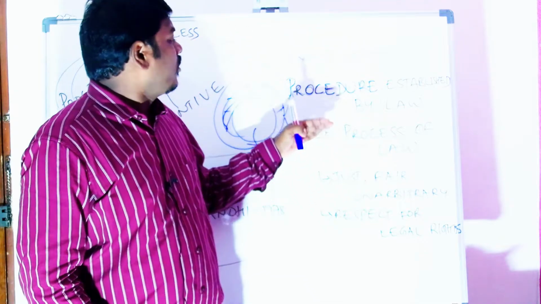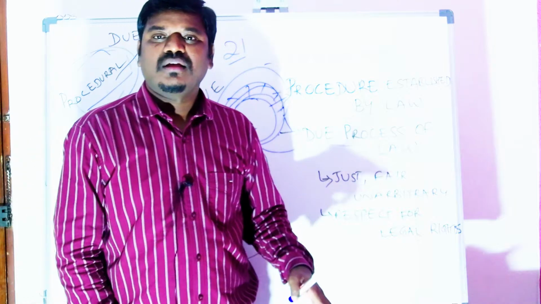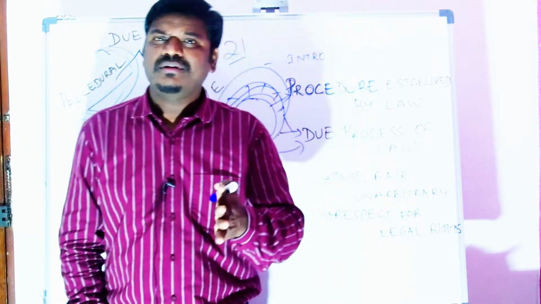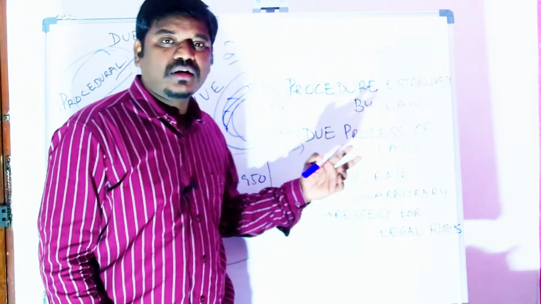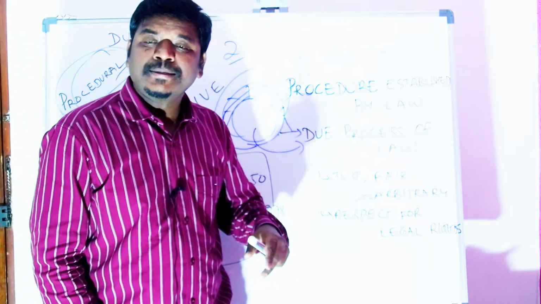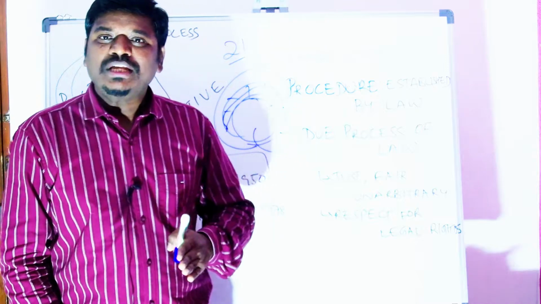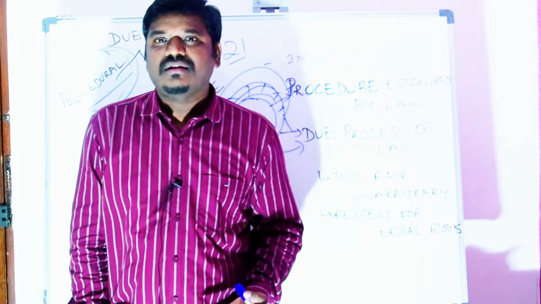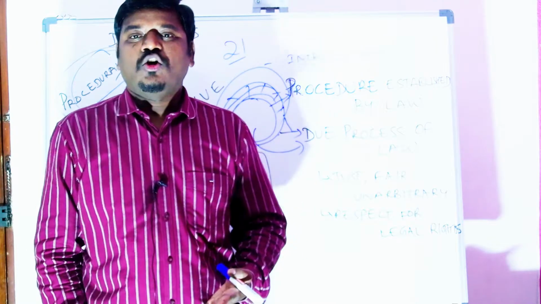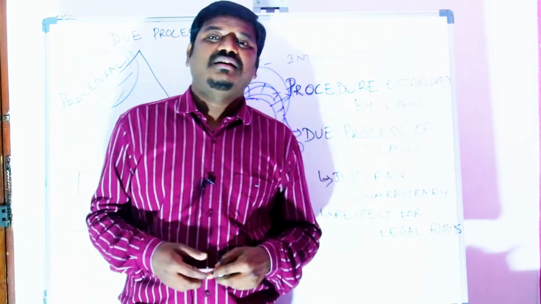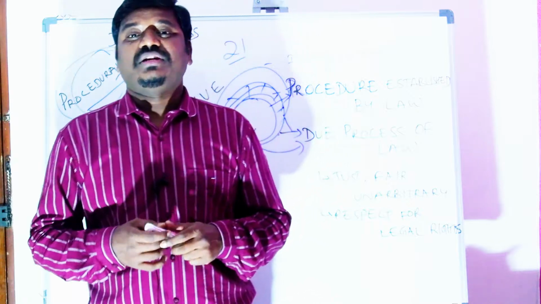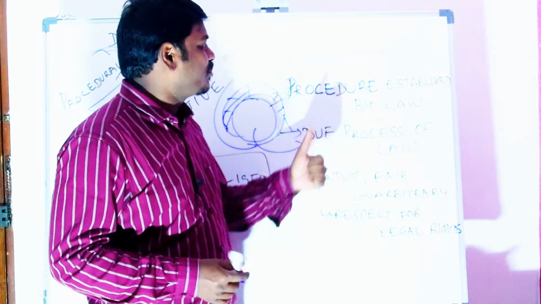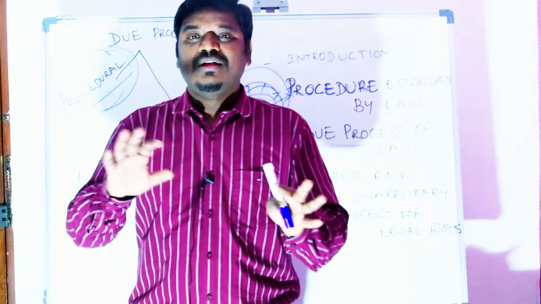So better you go for procedure established by law. And one other reason Justice Frankfurter shared with B.N. Rao is that probably it takes away the democratic authority, or rather the powers vested in the legislature. It is usurping of powers by the judiciary. Hence you may go with the procedure established by law.